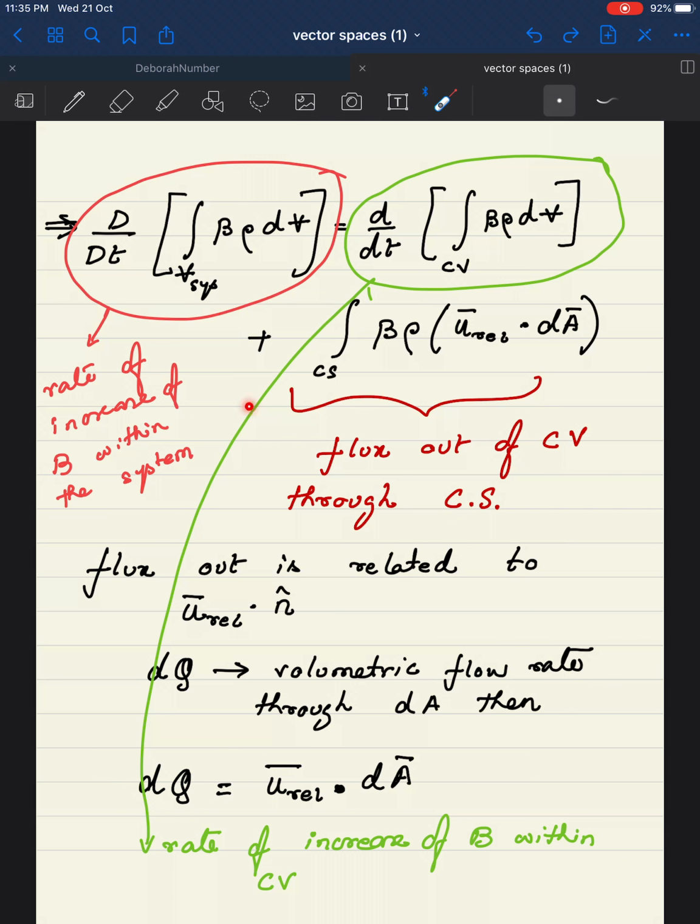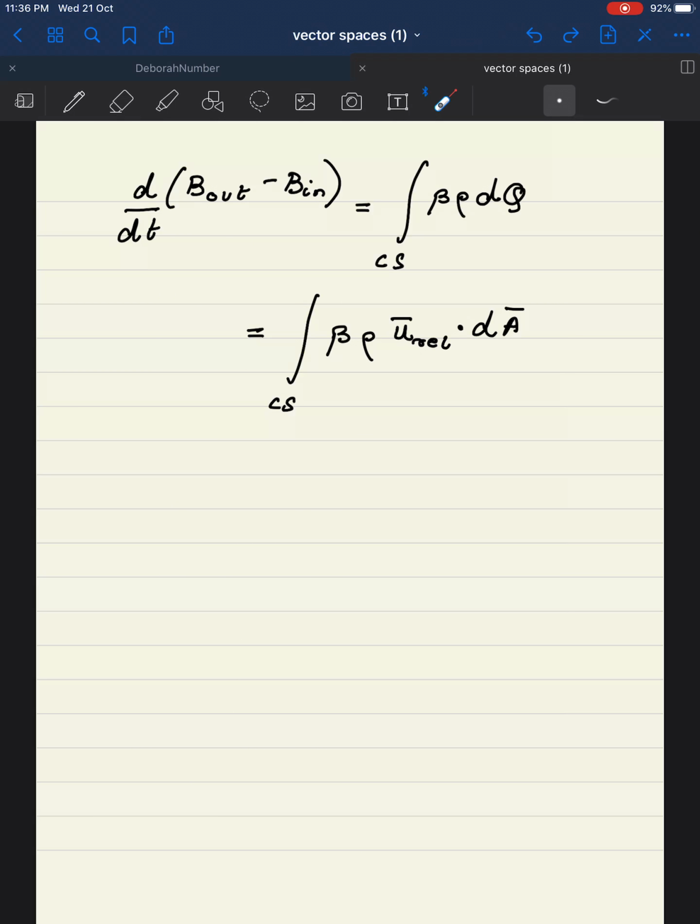This is going to be a very, very important equation for us, and I want to make sure that you understand why it is so important. So we'll come back to the Leibniz theorem part in a bit, but I just want to give you an example of why we are doing this, so that you have some idea of what this is relevant for. So we have been able to derive this equation.